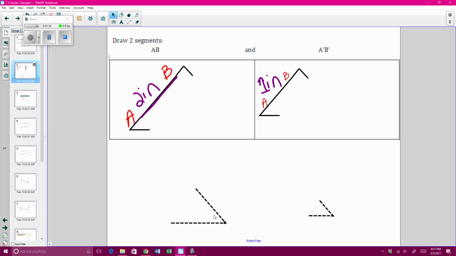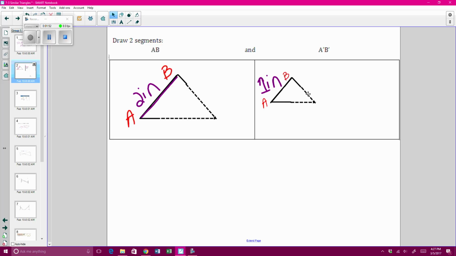Then I could take this, actually let me move this here, and here, and then this there, and then there. Perfect. I could make this triangle and this triangle.